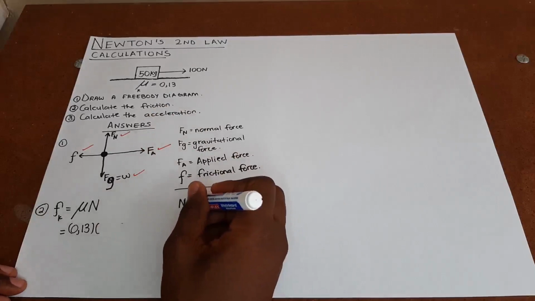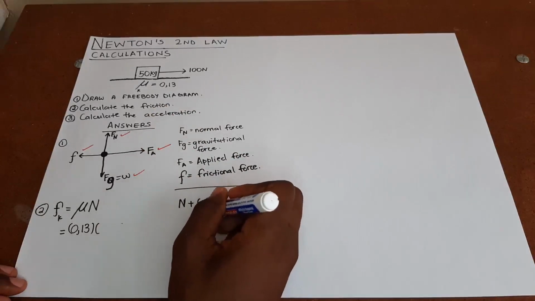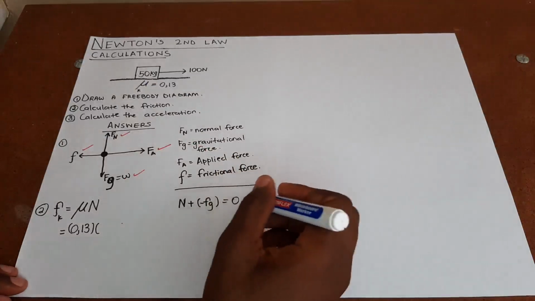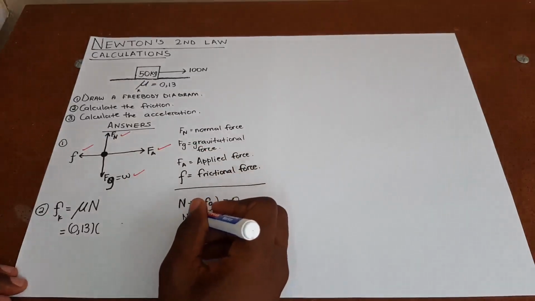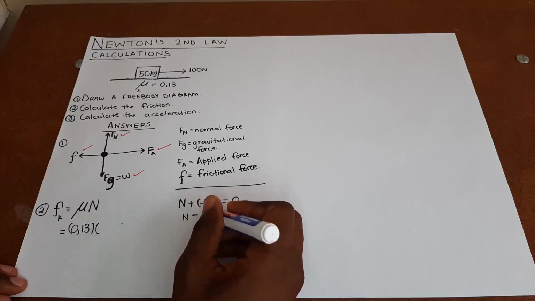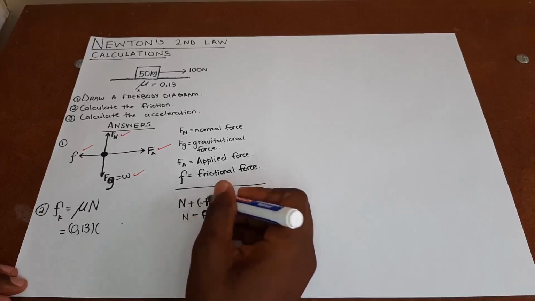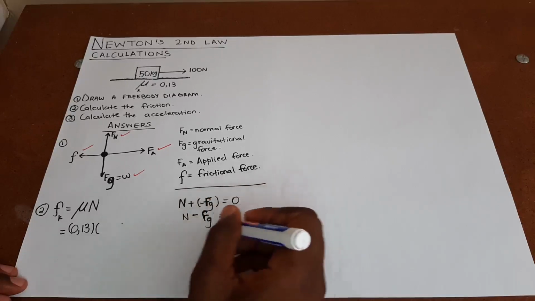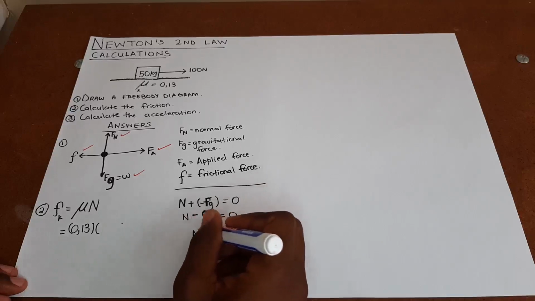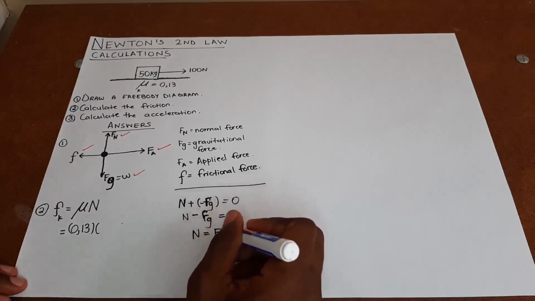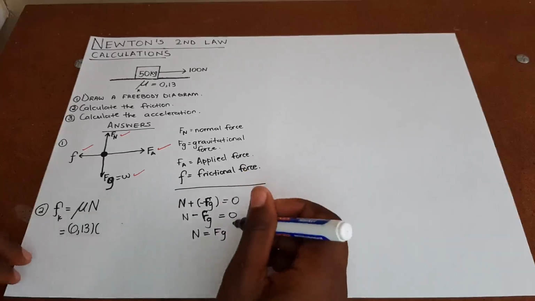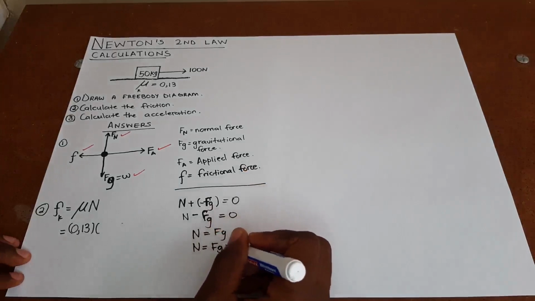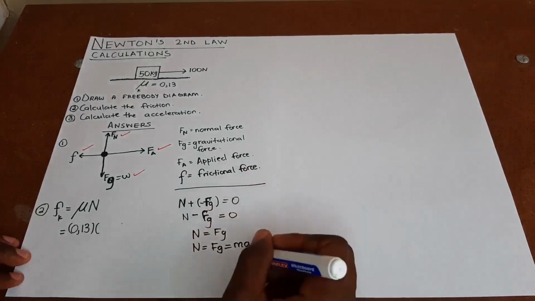So it's the normal force plus the gravitational force, which opposes the normal force, moving downwards, equals 0, and this becomes N minus Fg equals 0. So our normal force is equal to Fg, which is mg, mass times gravity.